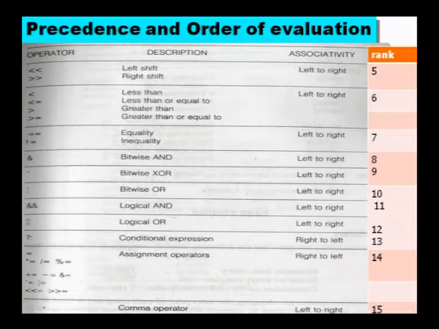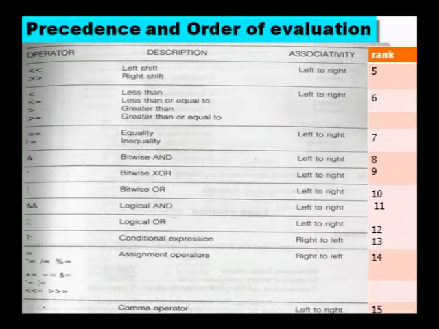Conditional operator or conditional expression, that is question mark and colon, has precedence 13 and associativity right to left. The next one is the assignment operator, which has associativity from right to left, and it is rank 14th.